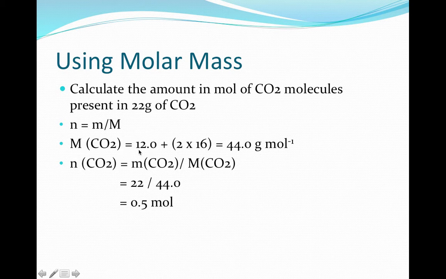We can find the molar mass of carbon dioxide by adding up the mass of carbon and 2 lots of the mass of oxygen, which gives us a molar mass of 44 grams per mole. To find the amount in mole, little n, we take the mass, which is given in the question, 22 grams, divide it by that molar mass of 44 grams per mole, and that gives us a total amount in mole of 0.5.